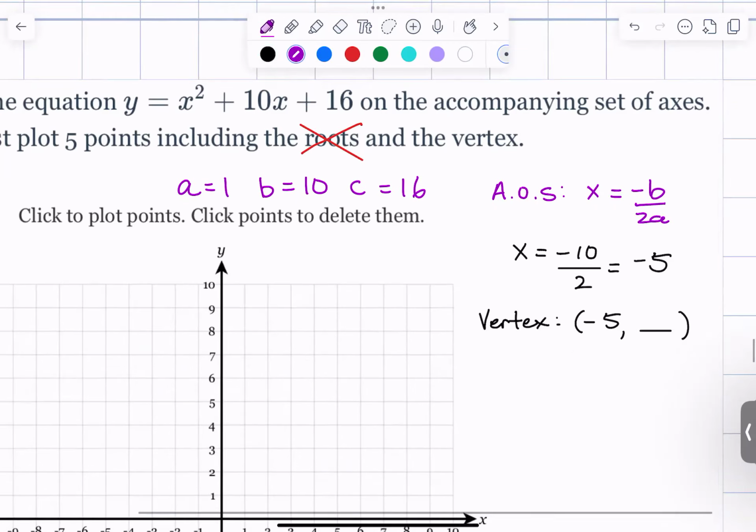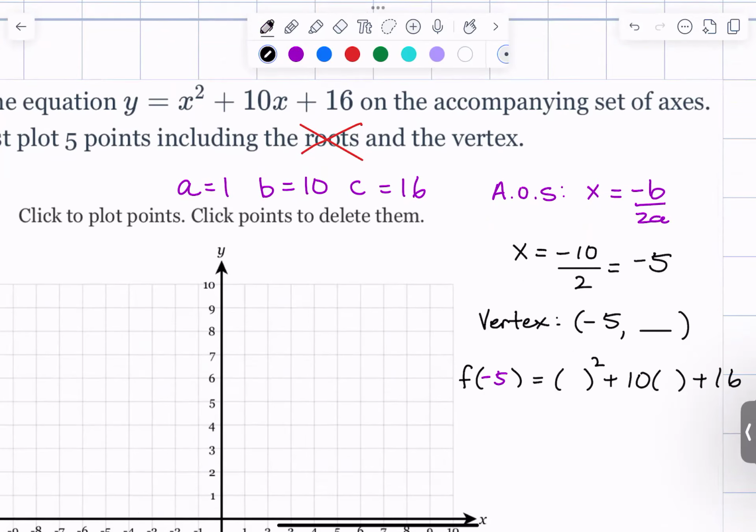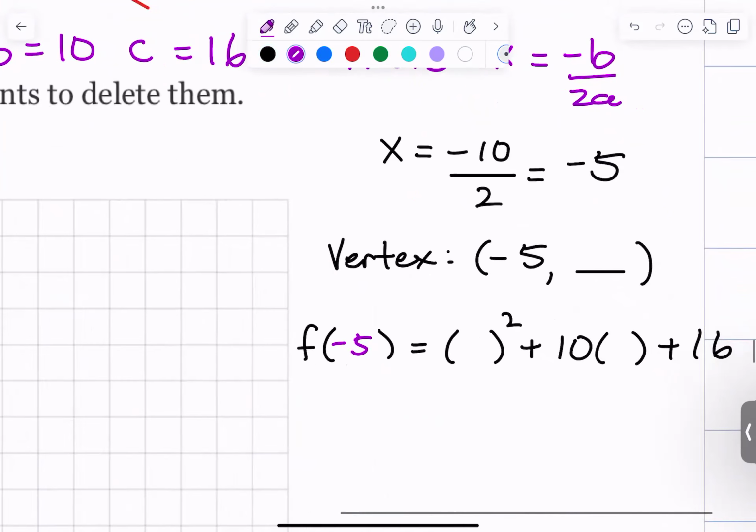So again, to get the blank, we need to get f of -5 equals -5 squared plus 10 times -5 plus 16. -5 times -5 is 25, minus 50, plus 16.